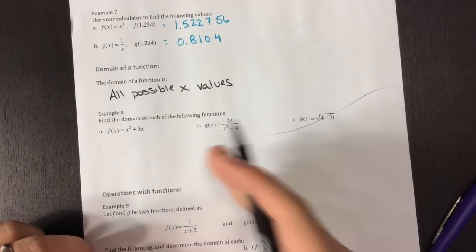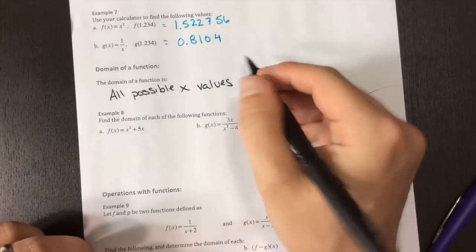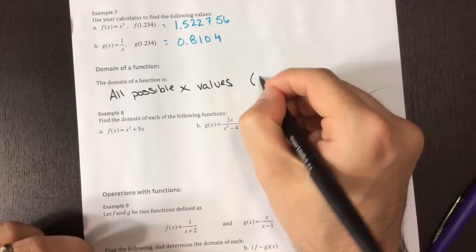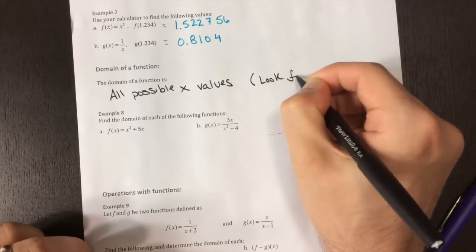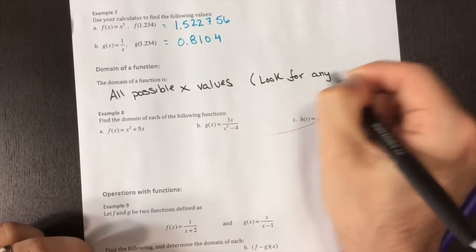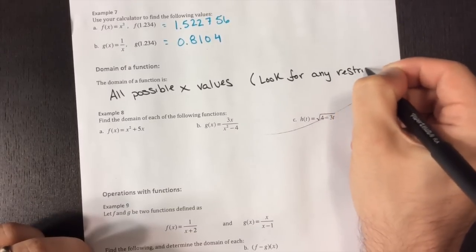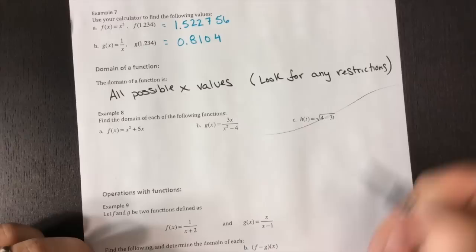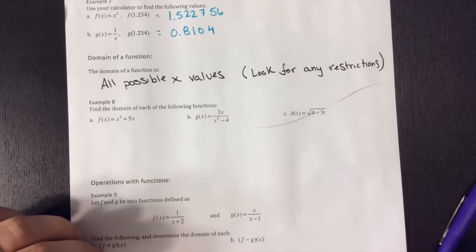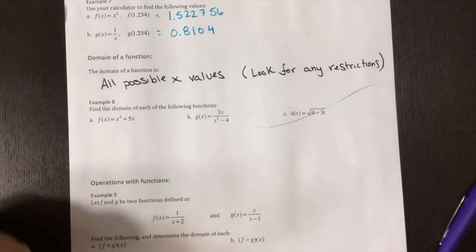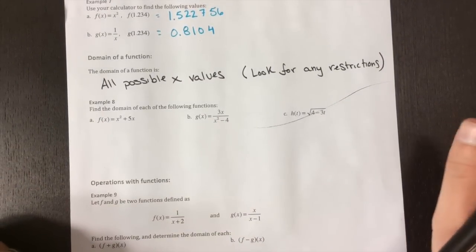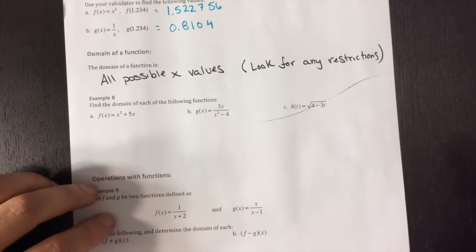So when we say all possible x values, what we want to look for are any restrictions. Things that I cannot be. Because if I have a restriction on my domain, then I can't use that number. So let's look at a couple examples here.